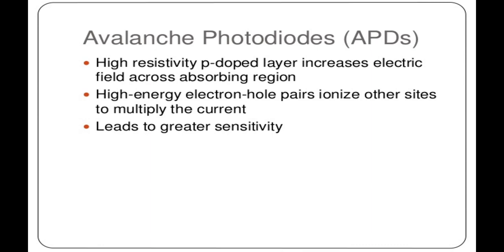In the avalanche photodiode, the high resistivity of the p-doped layer increases the electric field across the absorbing region. The high energy electron-hole pairs ionize other atoms to multiply the current, leading to greater resistivity.